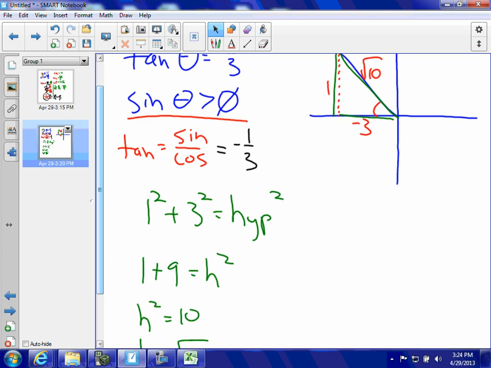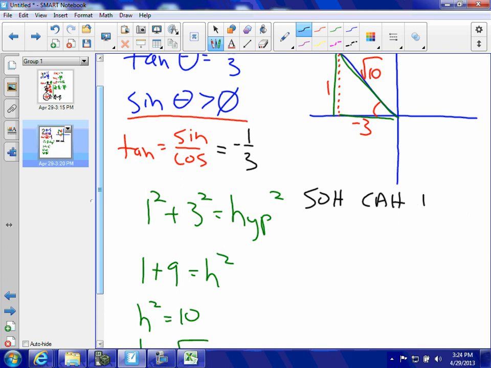Once we know what the hypotenuse is, then we can use SOH CAH TOA to figure out our values. Sine, opposite over hypotenuse. Cosine, adjacent over hypotenuse. Tangent, opposite over adjacent.